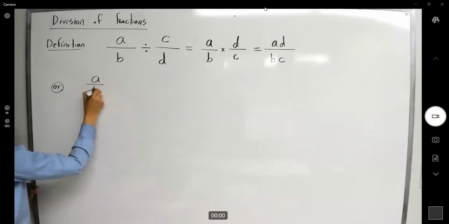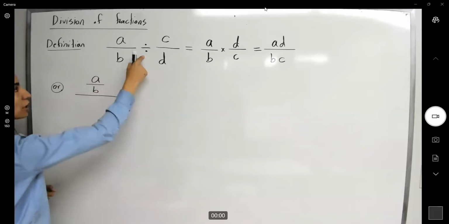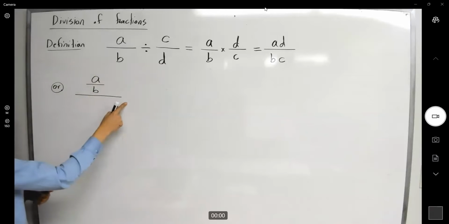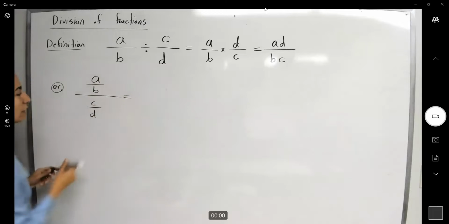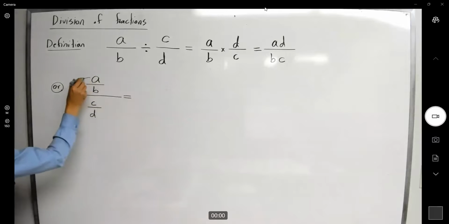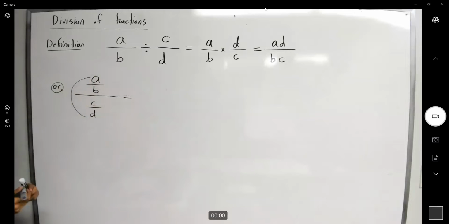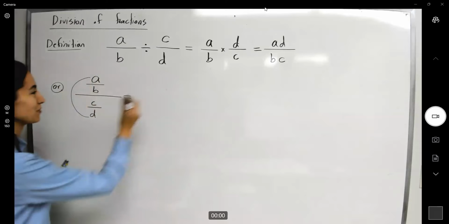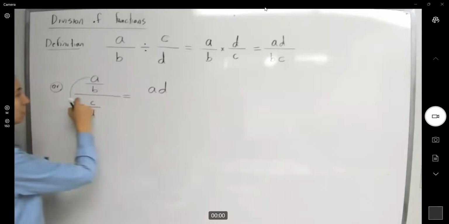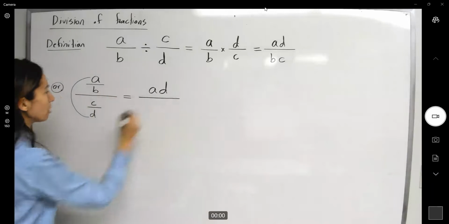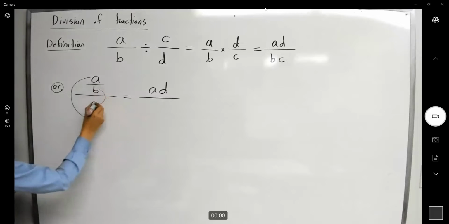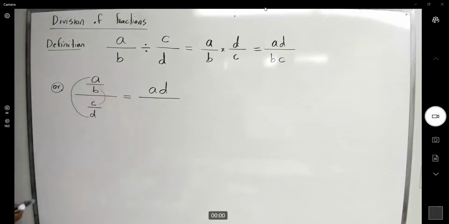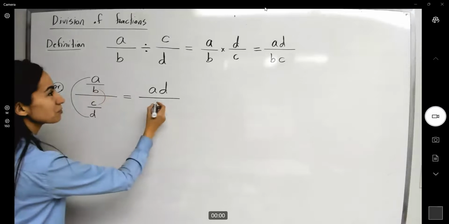They say, hey, I have A over B, this division is nothing but the long division bar, C over D. And they say, hey, now you're just multiplying the first numerator and the last denominator, AD, division bar, you copy down the division bar, and you multiply the first denominator by the second numerator, so BC.